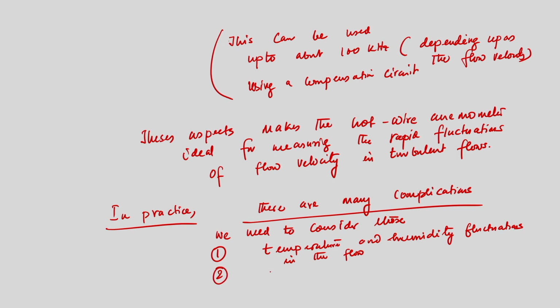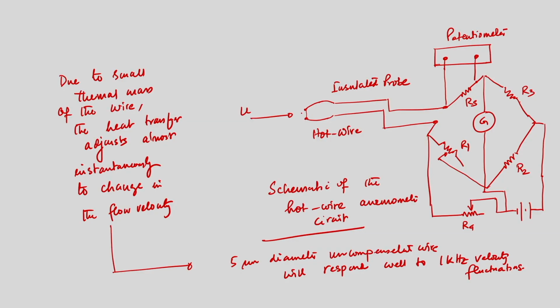Number two, very important, is the thermal interaction between the wire and the solid surface. If we go back to the schematic, we can see the small wire is connected between two ends.